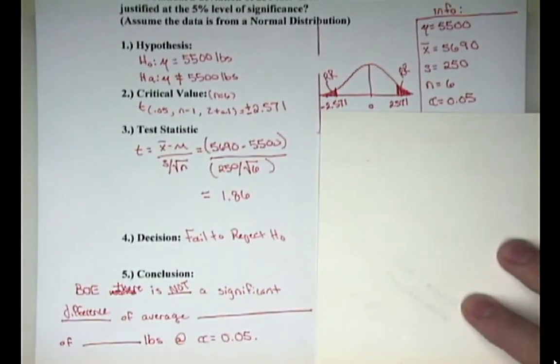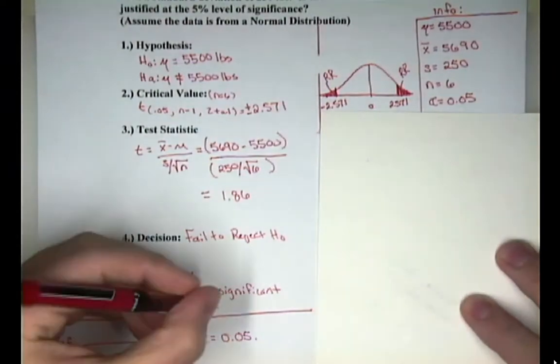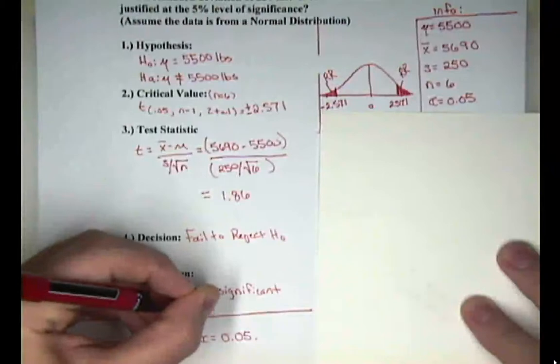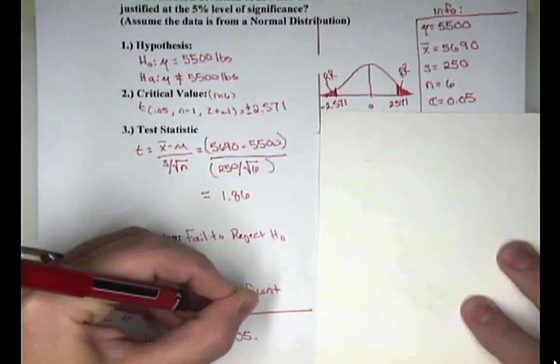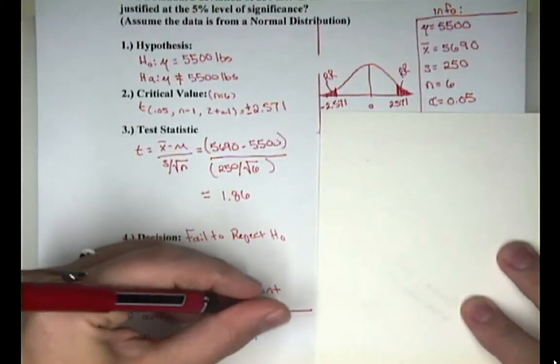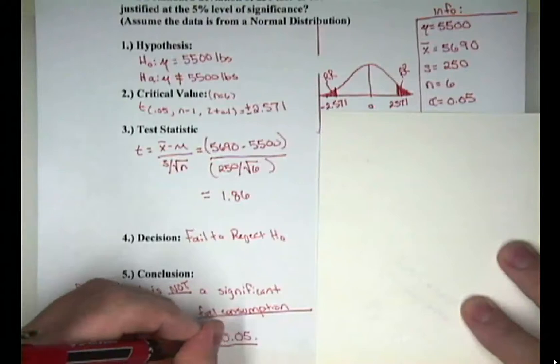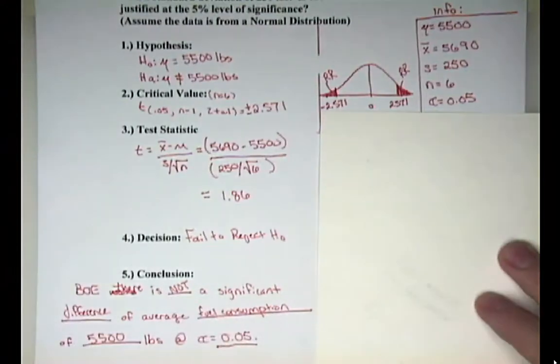So based on the evidence, there's not a significant difference of average fuel consumption, the variable of interest, of they were claiming 5,500 pounds at an alpha of 0.05. Okay? So that is the critical value method of hypothesis testing when sigma is unknown.